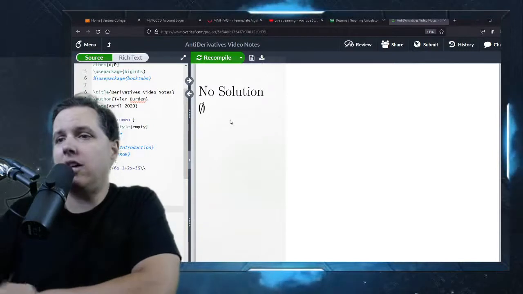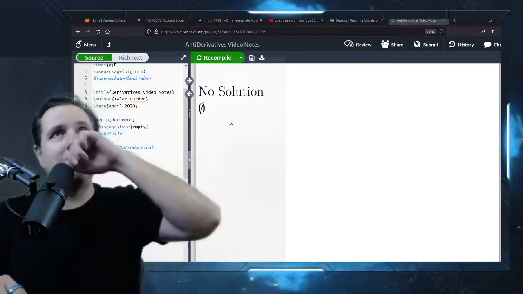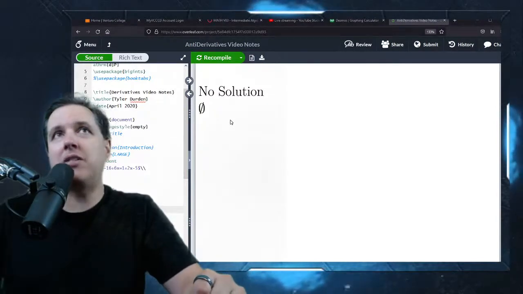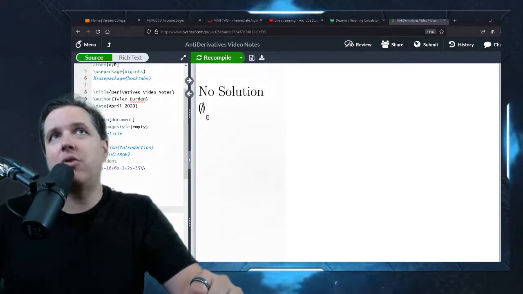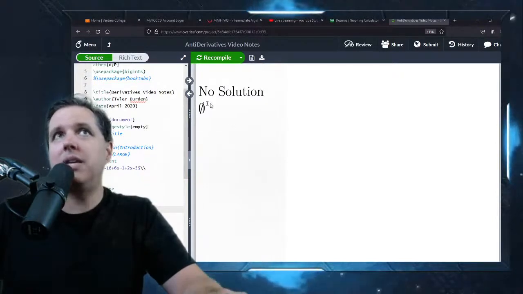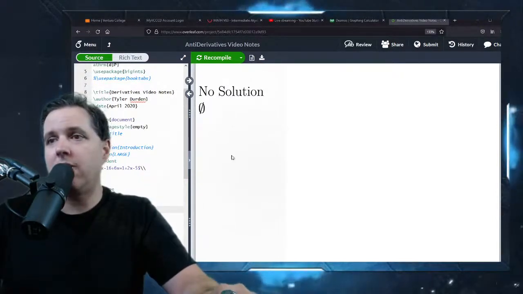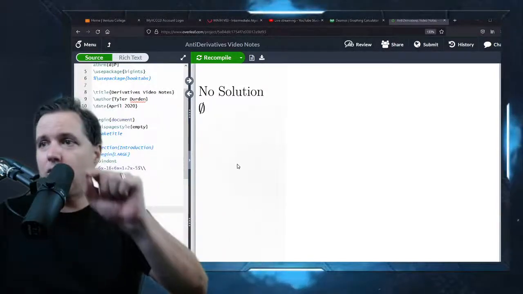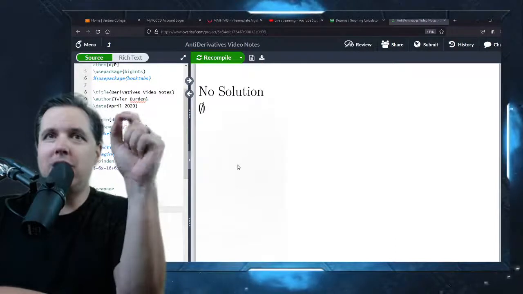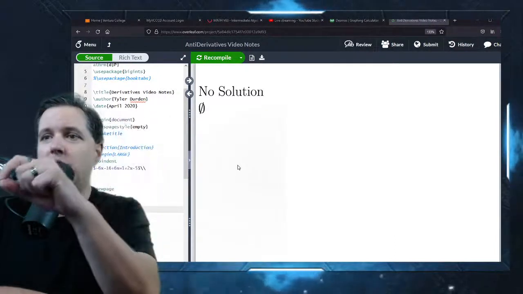A lot of times you'll see people who do accounting and things like that write their zeros with a line through it. In mathematics, we don't do that because that symbol is already used for the empty set. So this doesn't mean 0. This means no solution. A 0 should just be a circle with no line through it. That's how you should write 0. People then get confused and say, does that mean that 0 is the same as no solution?